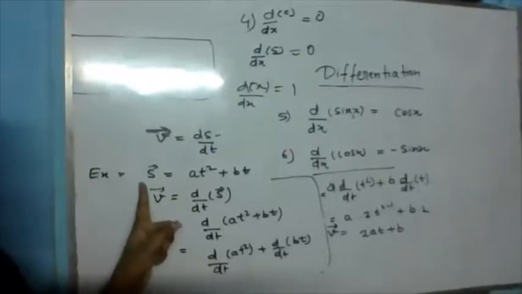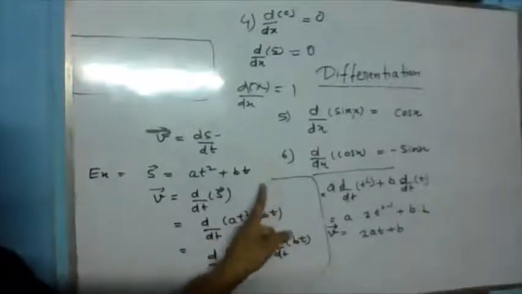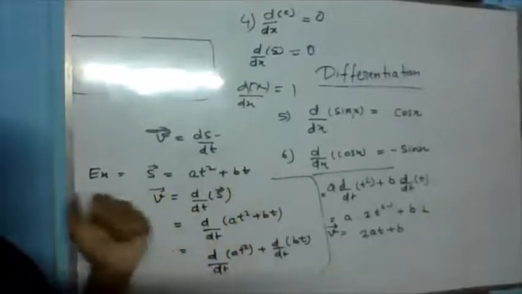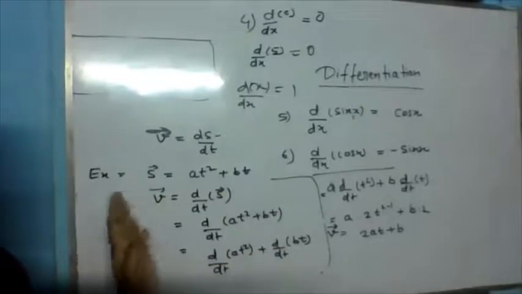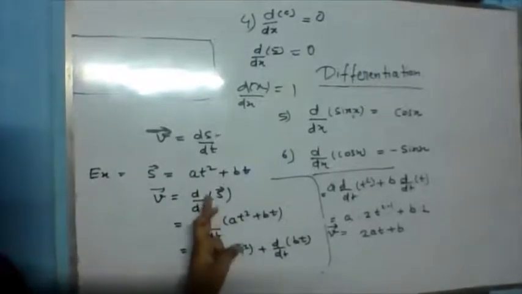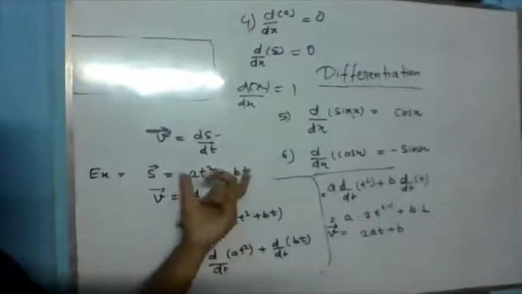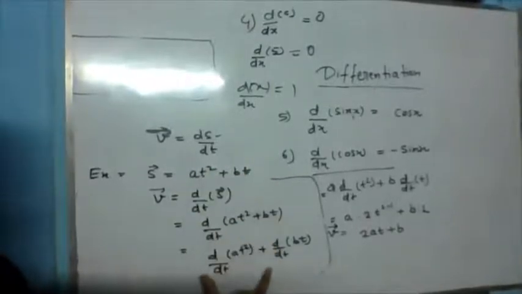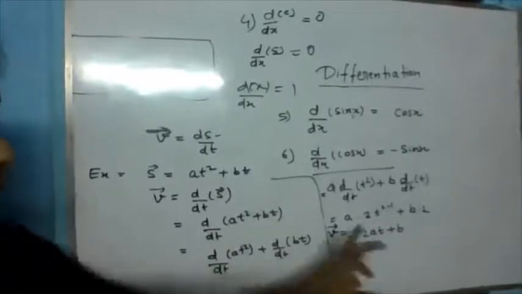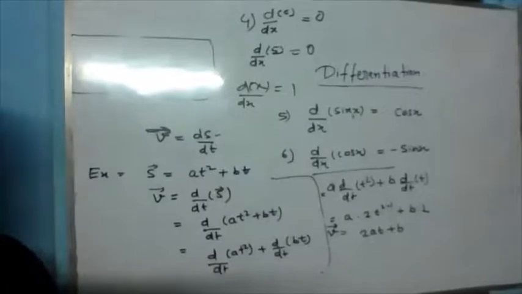If the displacement vector or position vector is given in this time-dependent form and we have to find the velocity, we will apply this formula, v vector equals d upon dt of the position vector. Just put the value of the position vector and differentiate with respect to time, and you will get the velocity. Is this clear?